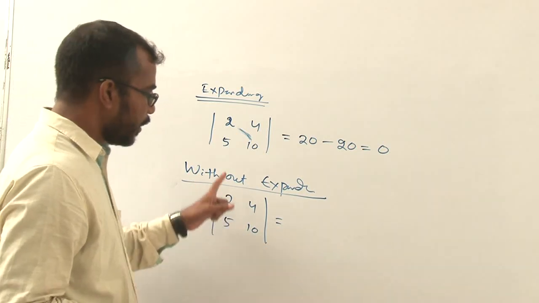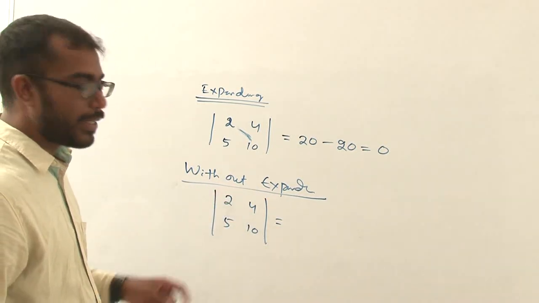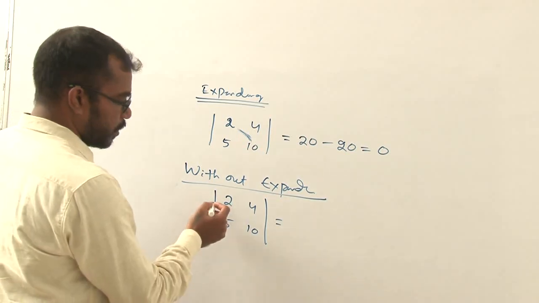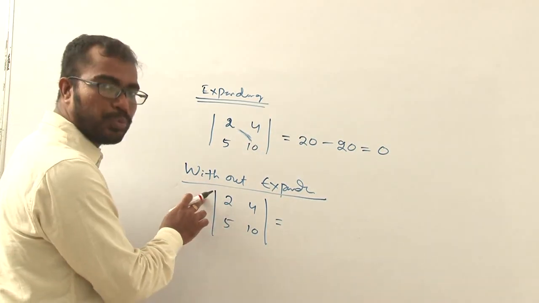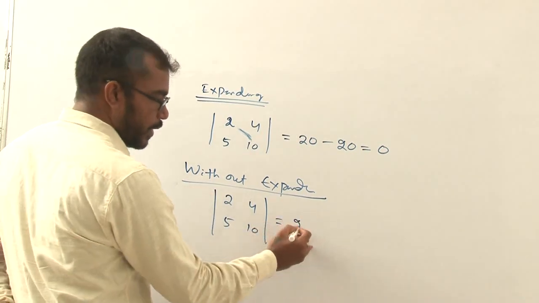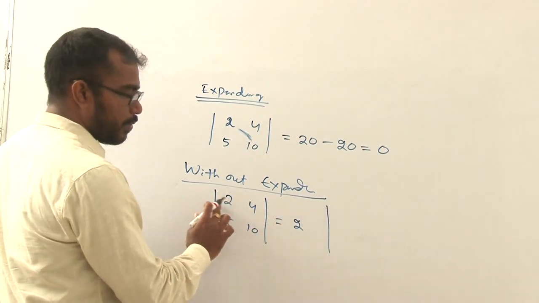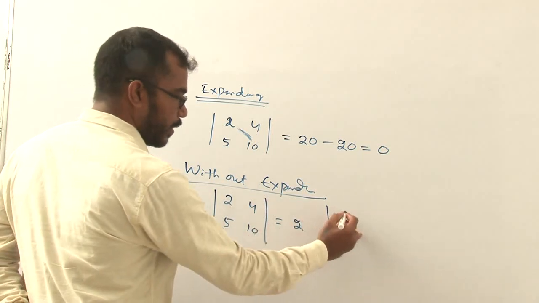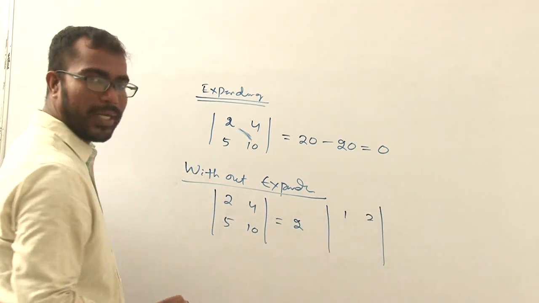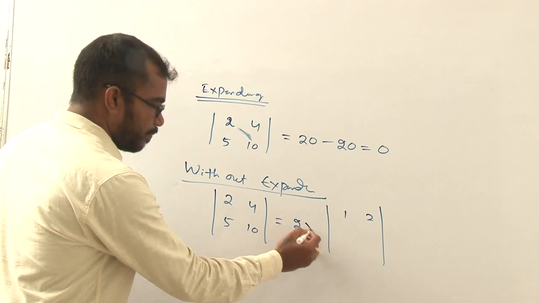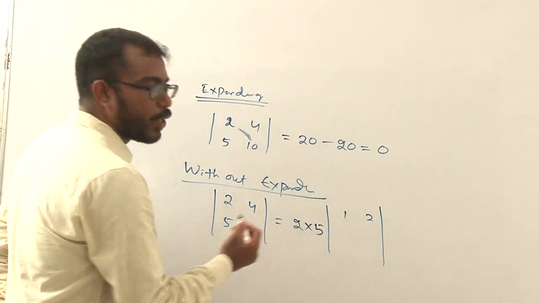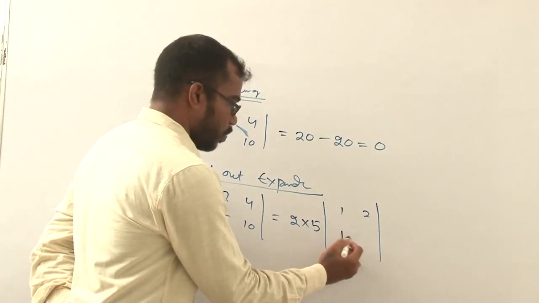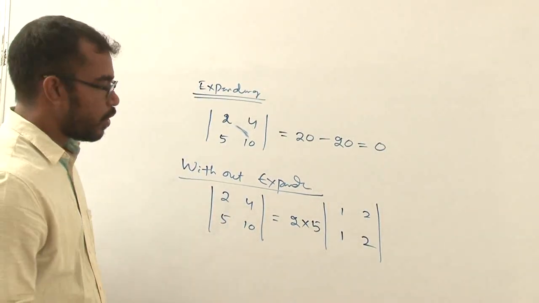So in this problem we take some constant, that means we take common 2 from the first row, and we get 1, 2. Similarly, we can take 5 common from the second row, and we get 1, 2.